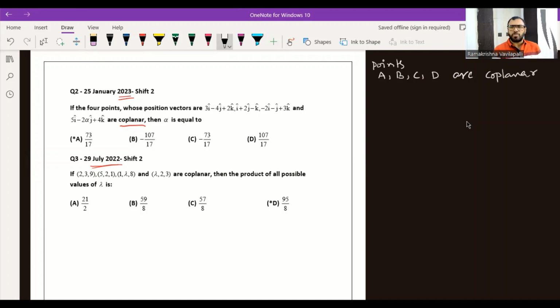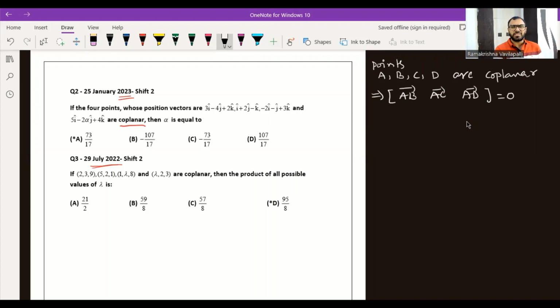This implies box of AB bar, AC bar and AD bar equal to 0.